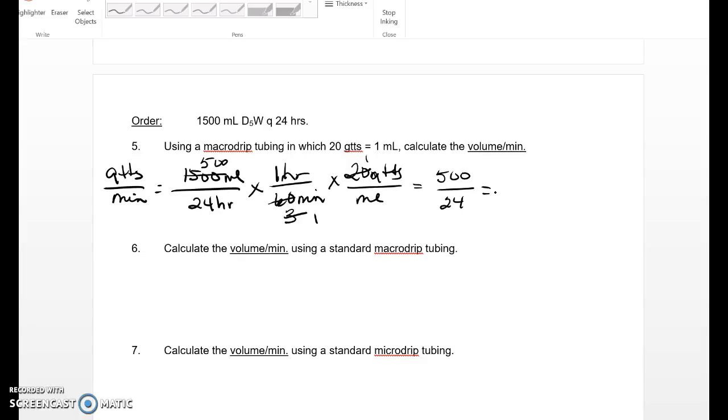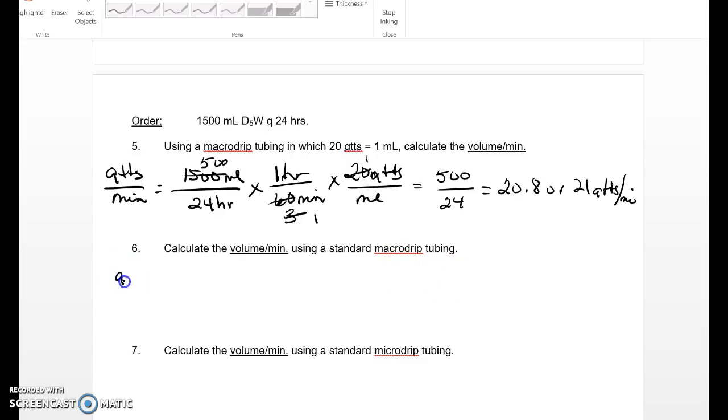Divided by 24 comes out to 20.8 or 21 drops per minute. Okay, now this next question is asking standard macro drip tubing.